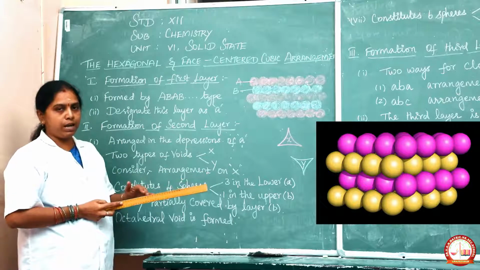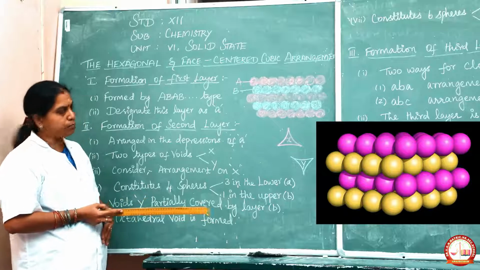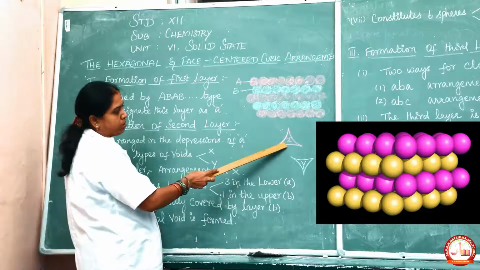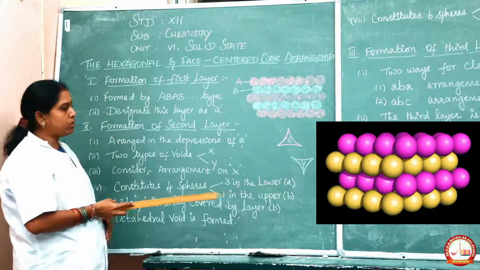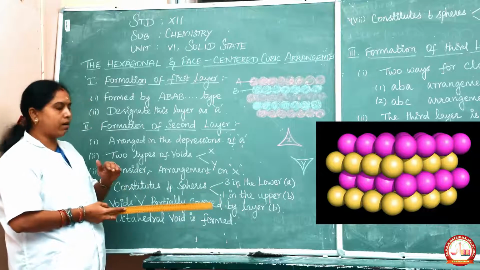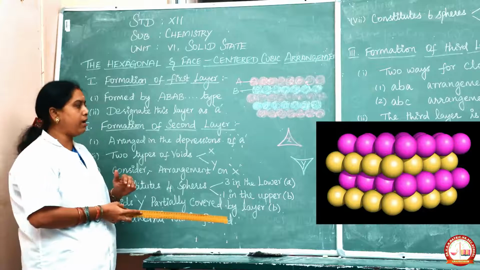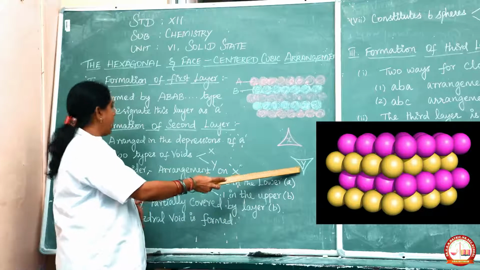The first layer, which we have placed horizontally, consists of two types of voids or holes, X and Y. Based on these voids we form the second layer. We can arrange the second layer either on the voids X or on the voids Y.